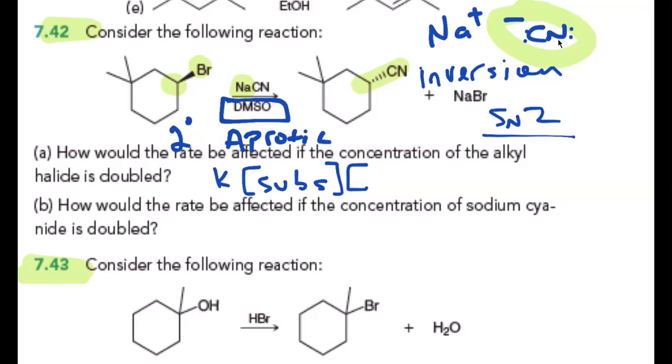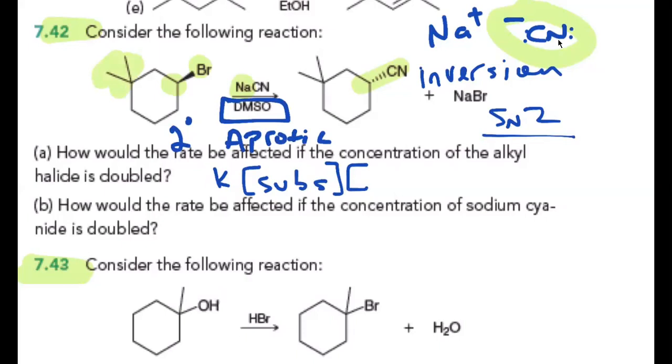For SN2, sometimes if it's on a primary carbon, you're not going to get inversion, because that primary carbon is not going to be a chiral center. The only time you're really going to see that is if it's on a secondary carbon that's not symmetrical. On this molecule, if these groups weren't right here, then that bromine wouldn't be a chiral center.